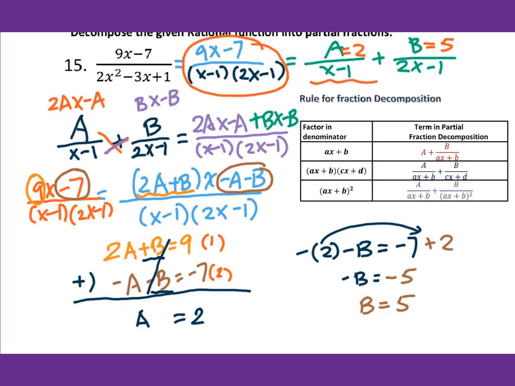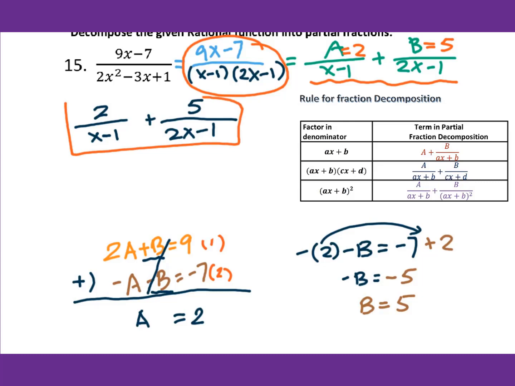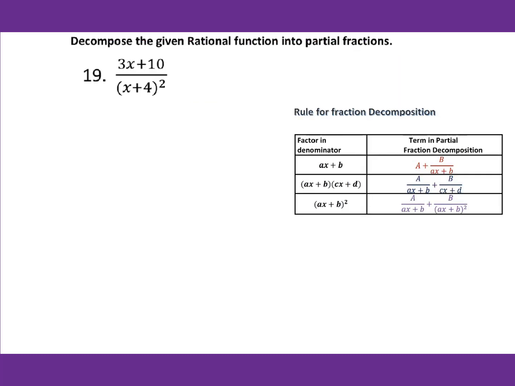Rewrite these expressions. Your answer will be 2 over x minus 1 plus 5 over 2x minus 1. That's the final answer. Now let's go to number 19. Number 19 is this pattern, so you change it into this one.